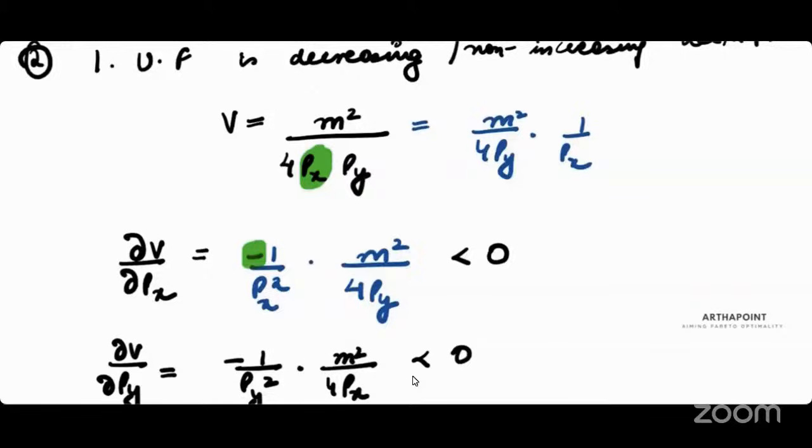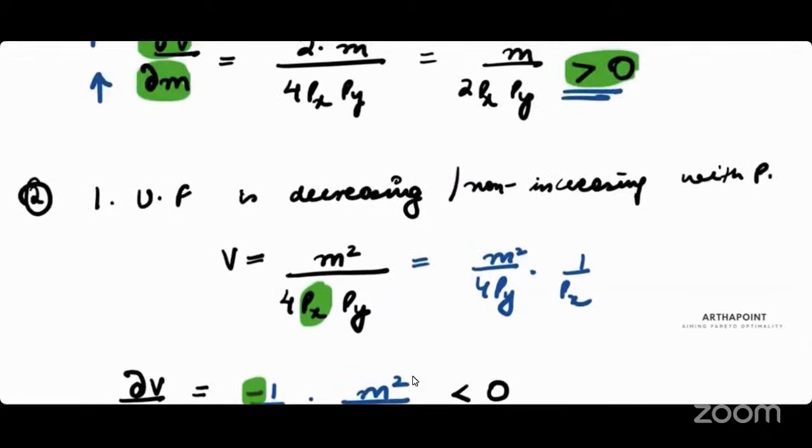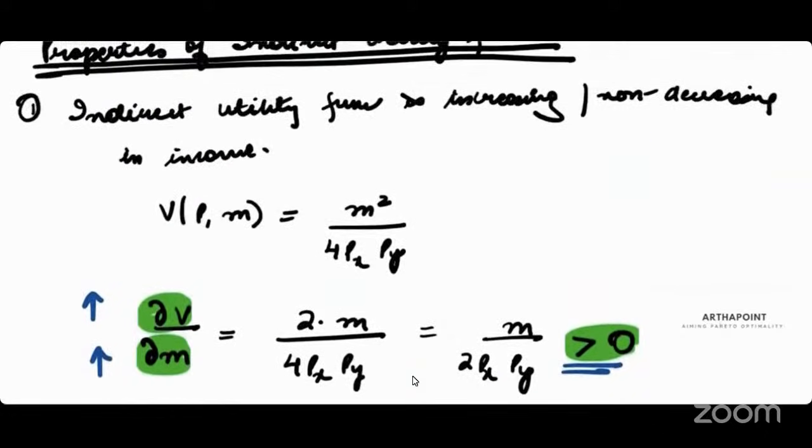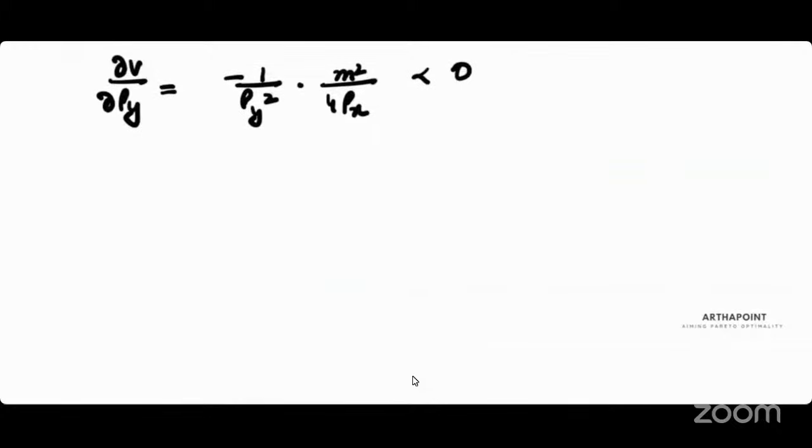As prices increase, your utility will decrease. It makes sense. The more the price that I have to pay, the lower my utility will be. So this is the second property of the indirect utility function. This is the first property. Write down the third property.